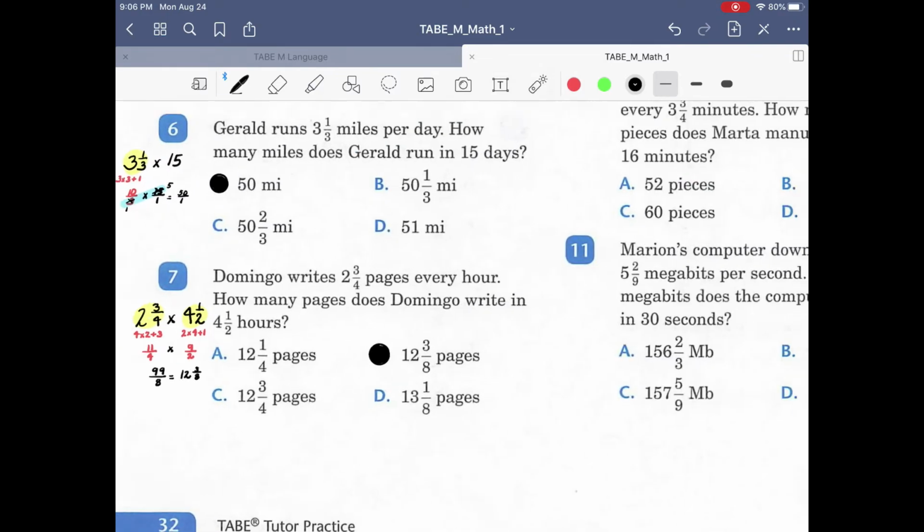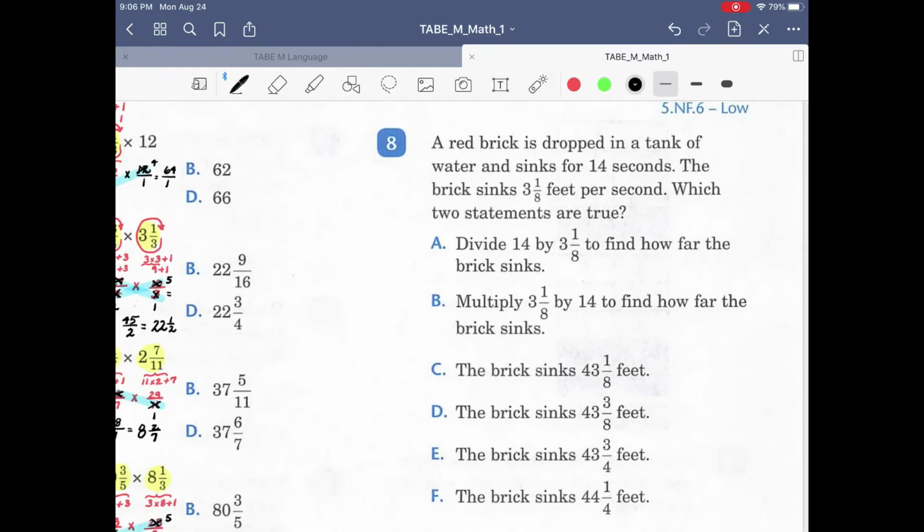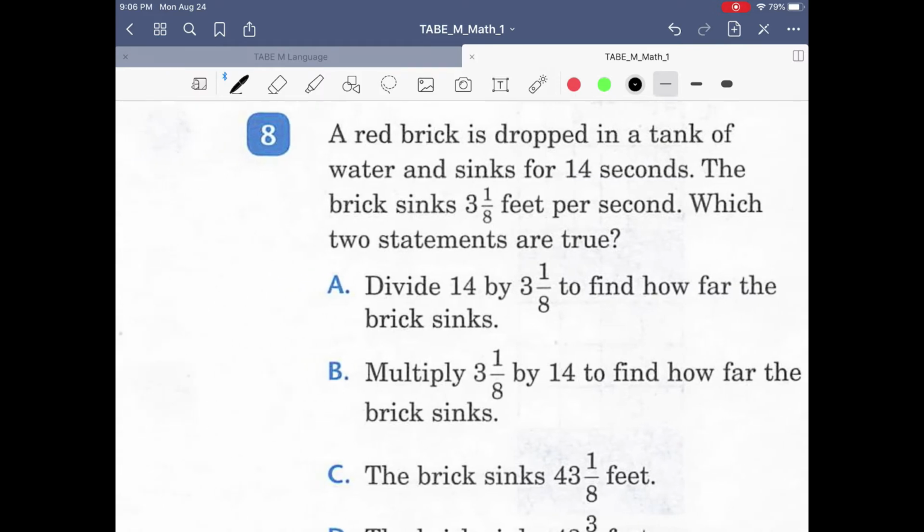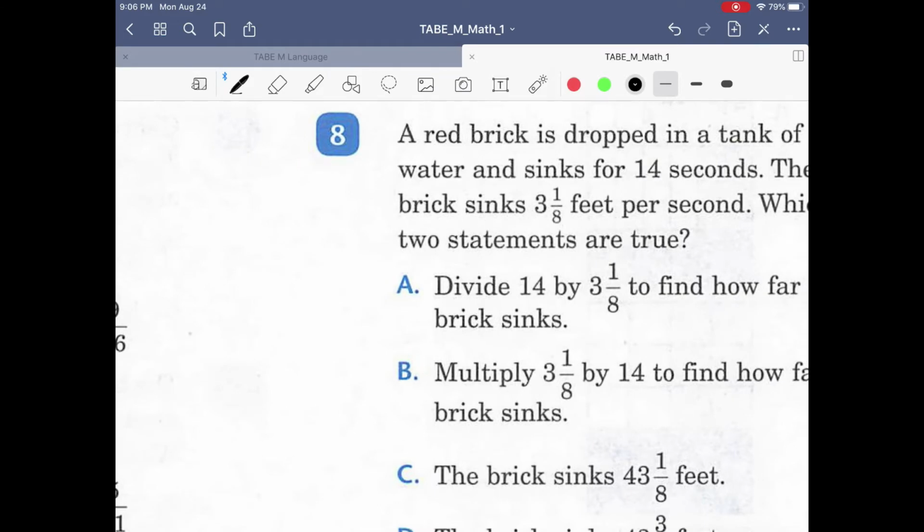Number 8. A red brick is dropped in a tank of water and sinks for 14 seconds. The brick sinks 3 1/8 feet per second. Which two statements are true? Well, I know that to find that total sinking, the depth, you're going to need 3 1/8 feet times 14.